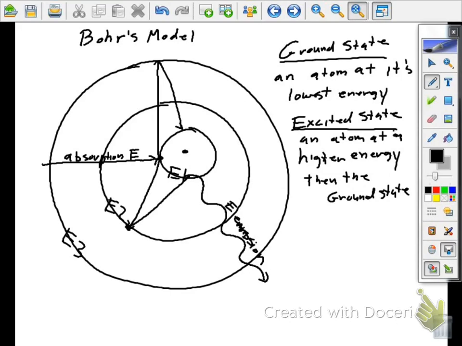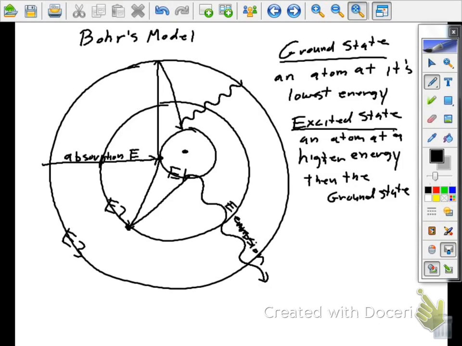Okay, but it's kind of like a book dropping from a level and then from a higher level. Which one do you get more energy out of? One from a higher level, right? So it's dropping a greater distance than the first one, so it has more energy. You are right, there's more energy, but the wavelength is going to be shorter.